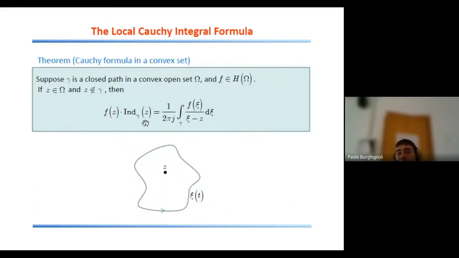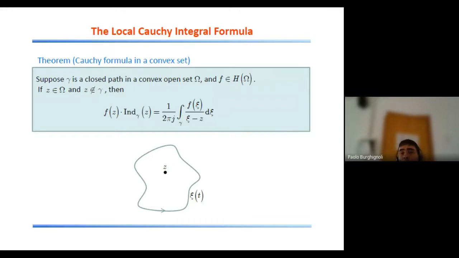So in that case, the left-hand side of this equation is equal to 0. And so this tells us that the integral at the right-hand side will also be equal to 0. So if you calculate the integral at the right-hand side of this formula for any point z which is outside the integration domain, the curve gamma, what you obtain is 0, identically. That's the first result of this formula.